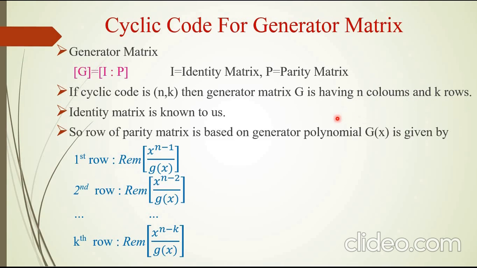So when we want to generate the generator matrix of a cyclic code, what is unknown to us?